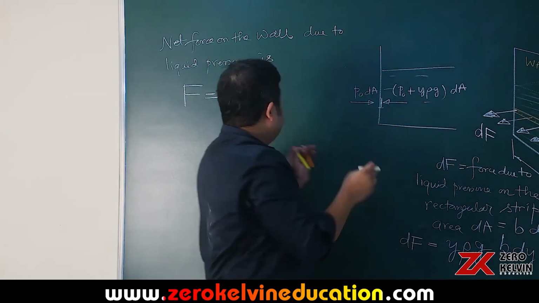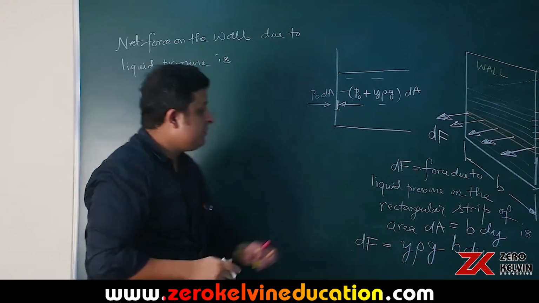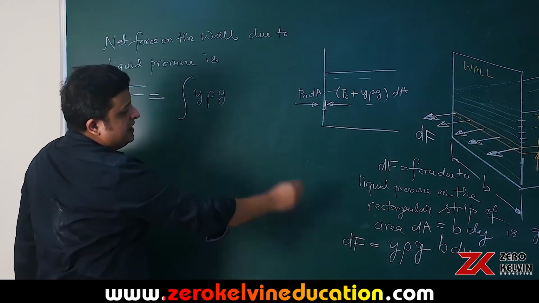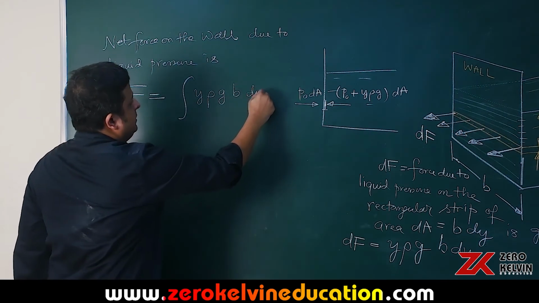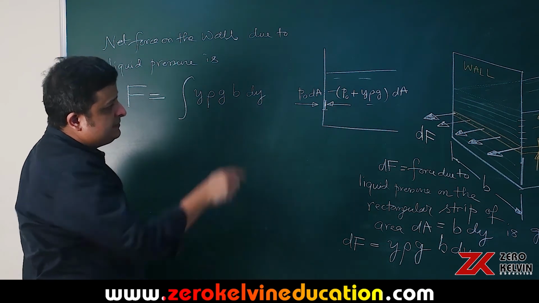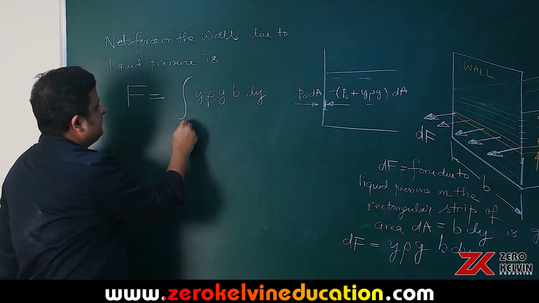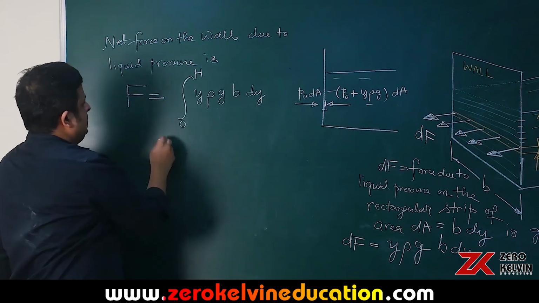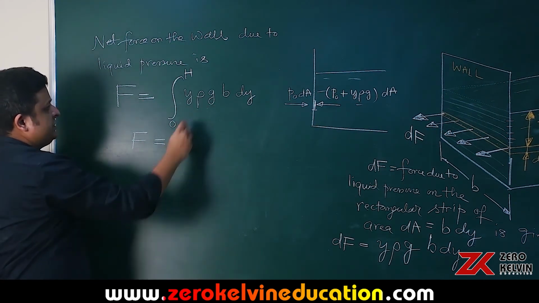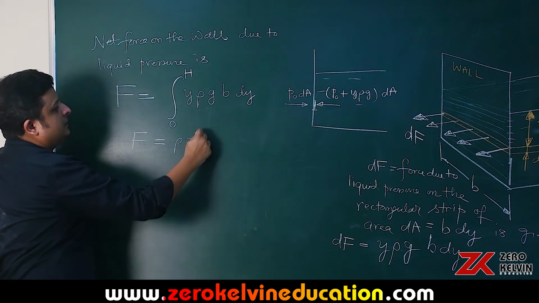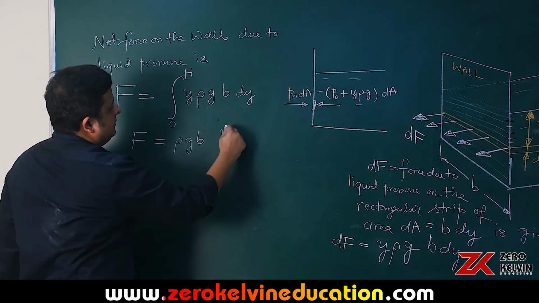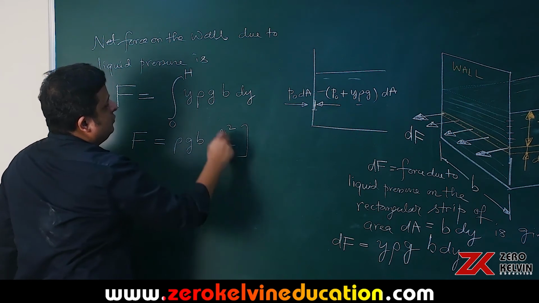That means you integrate this dF. So integral of y rho g times B dy. The limits of y will be from 0 to h. So therefore F is equal to, rho g B will come outside, integral y dy, y square by 2.